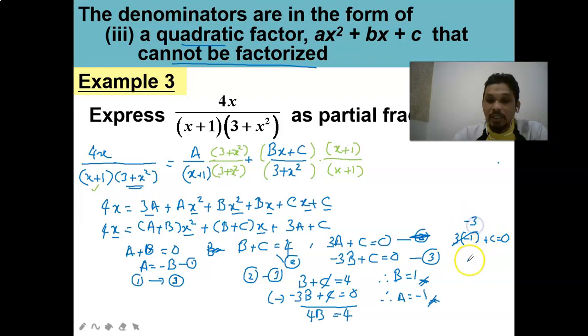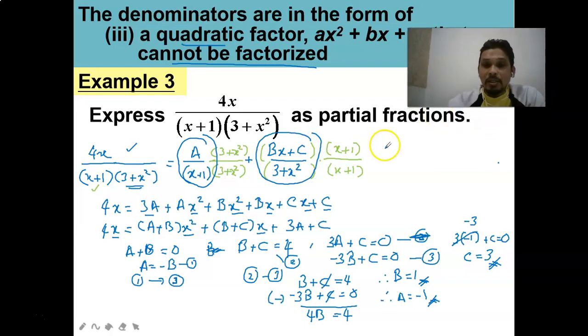This becomes negative 3, so C equals 3. Comparing with the expression: negative 1 divided by (x + 1), plus (Bx + C), with B equals 1 and C equals 3, that is (x + 3) divided by (3 + x²). So this is the answer that we want.